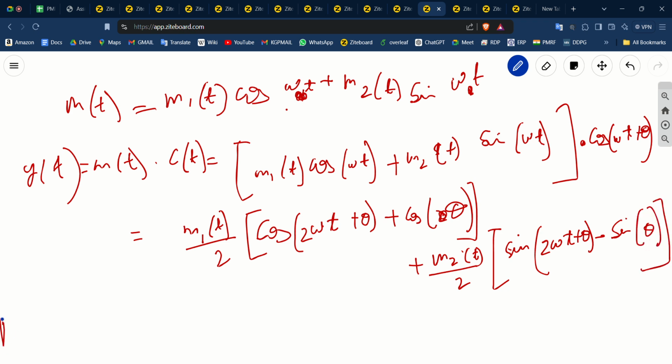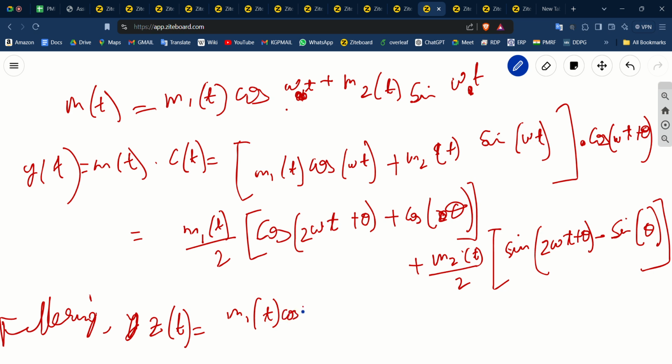Now filtering will remove all the 2 omega terms. So we will be left with, after filtering, z(t) equal to m1(t) cos theta by 2 minus m2(t) sin theta by 2.